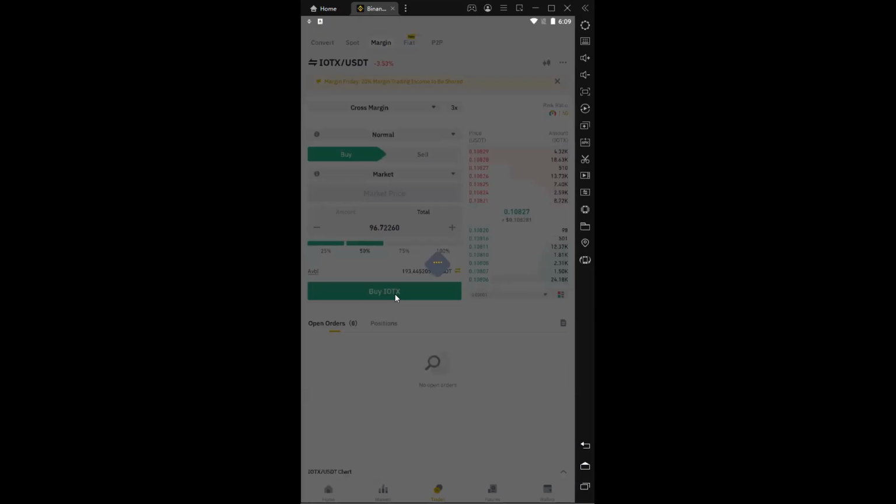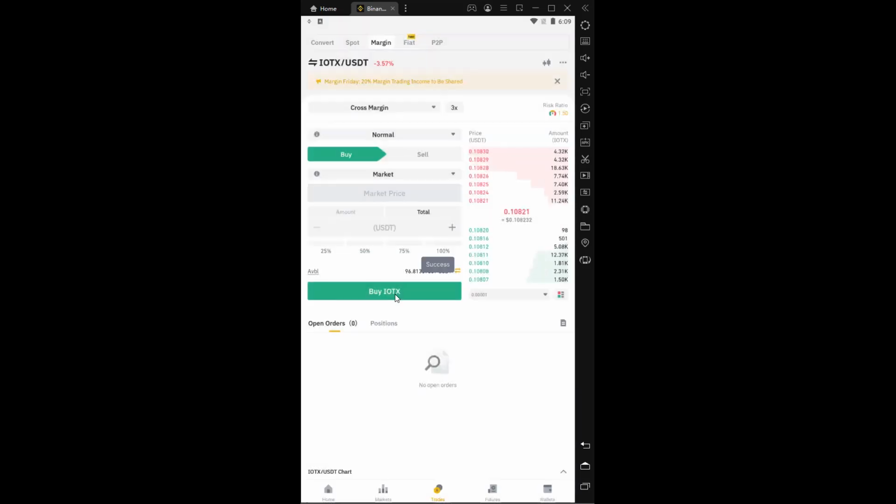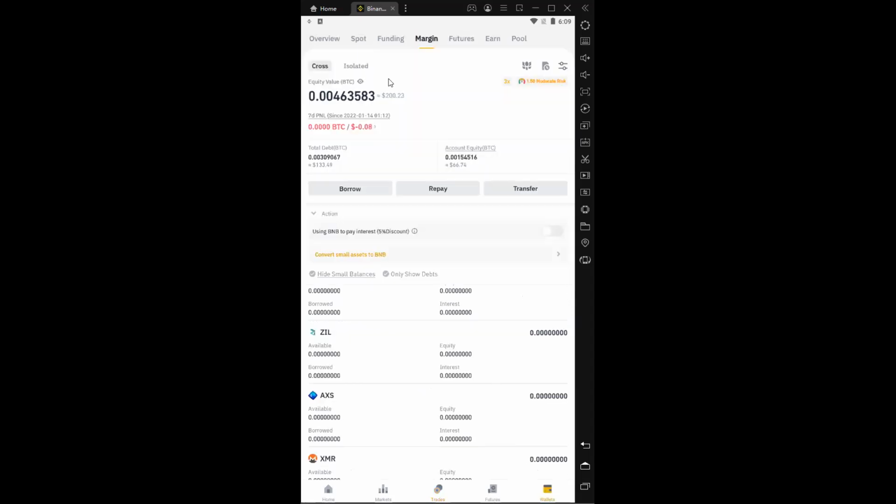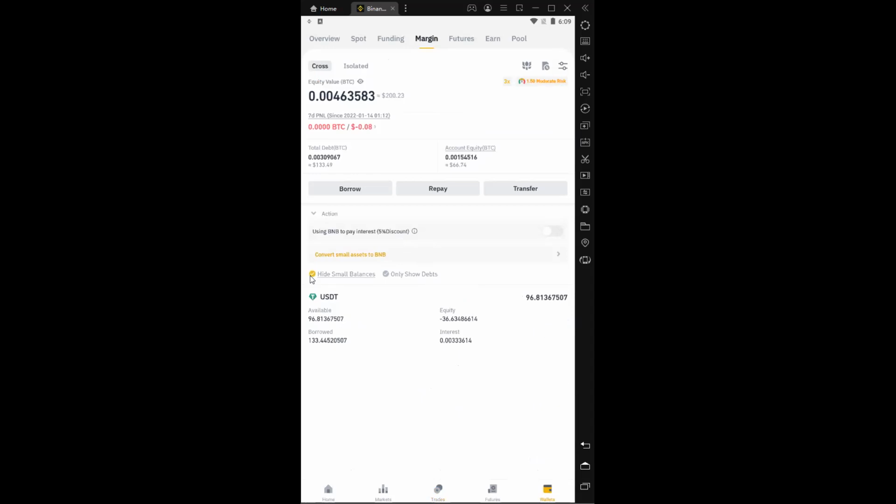I press buy. Because it is a cross account, my whole money in this account is used as collateral.